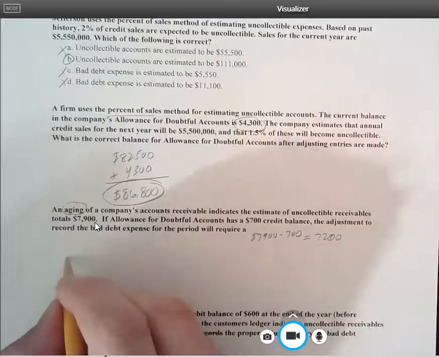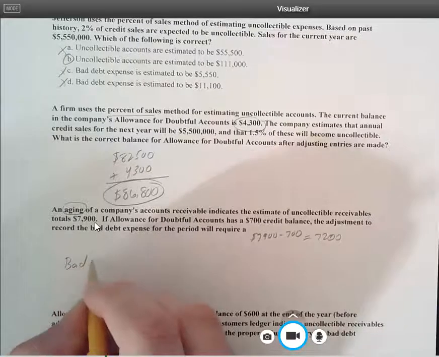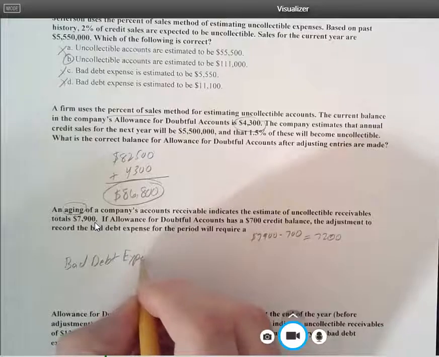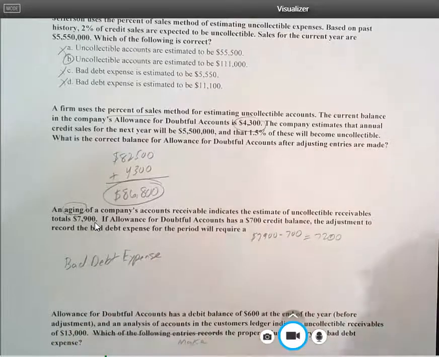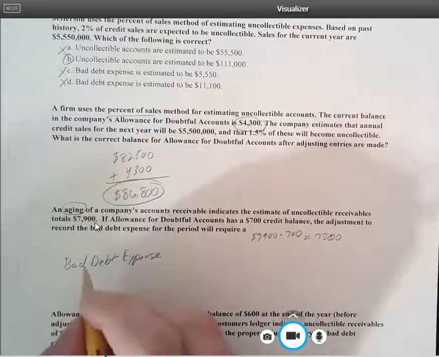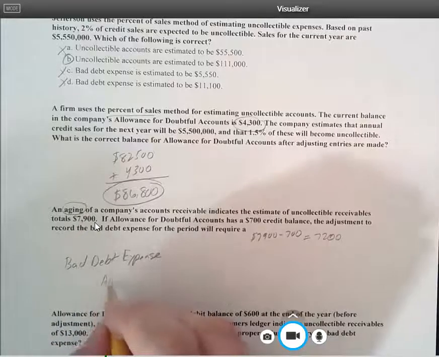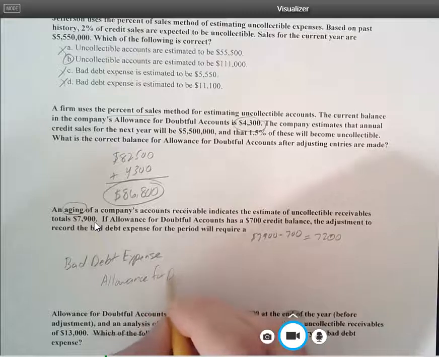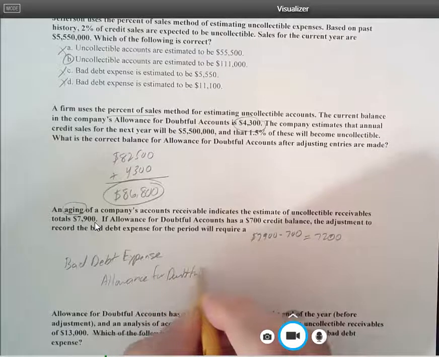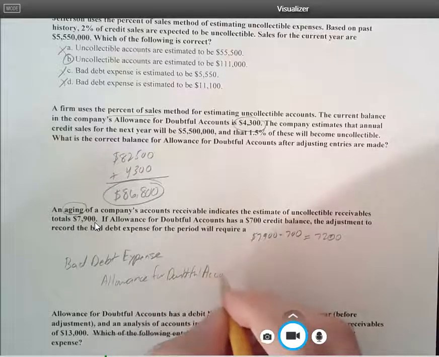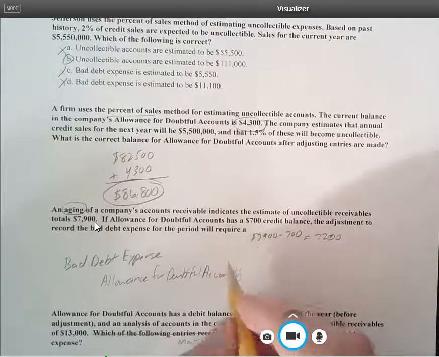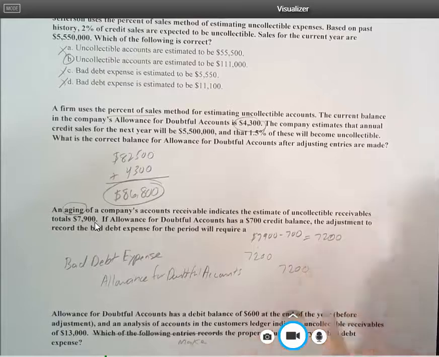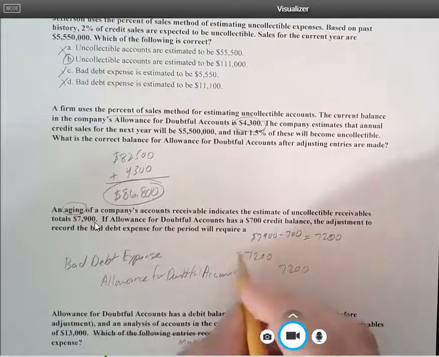What we're going to do is go ahead and set up our journal entry. This is going to be our debit right here, bad debt expense. And we're going to use $7,200 for both the debit and the credit.